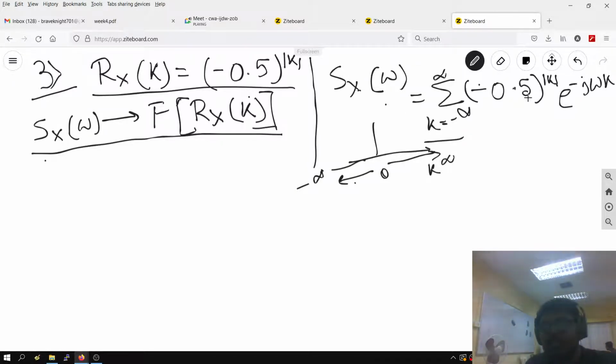So to calculate this, to omit this modulus part, we divide the function like this.